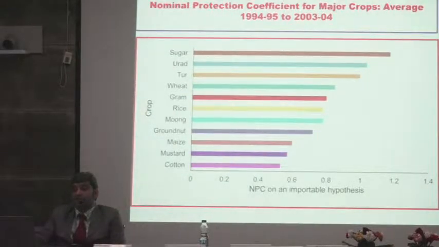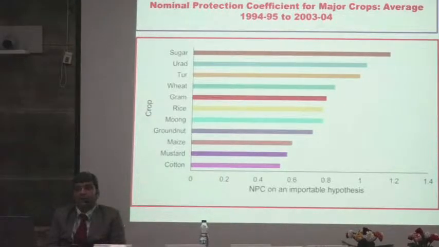Next we have combined figures for nominal protection of crops, and average figures for sugar, urad, tur, wheat, gram, rice, moong, groundnut, maize, mustard, and cotton. We can estimate these measures in the context of the importable hypothesis as well as the exportable hypothesis. If we are importing a commodity, then the import price is different, and if we are exporting a commodity, then the export price is different.